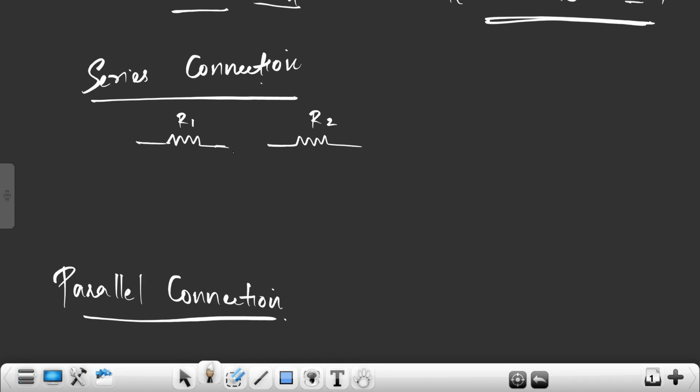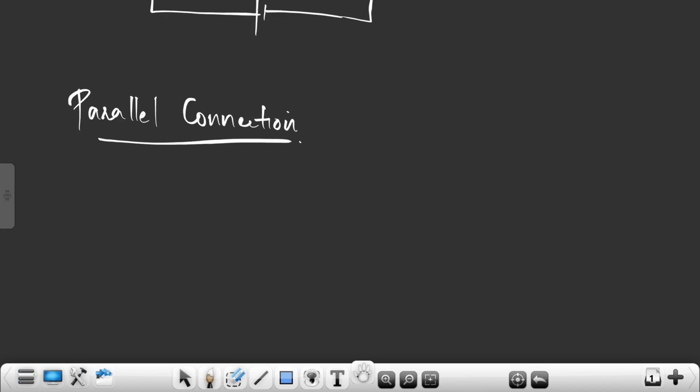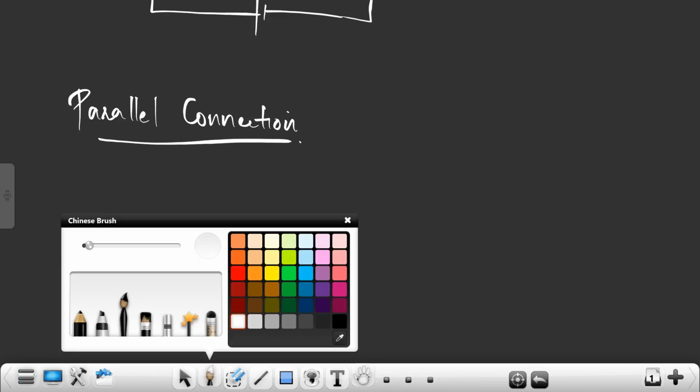If these resistors are connected in this way and a cell is connected here, then we can say that the resistors are connected in series. The second one is connected just after the first. This is series connection.